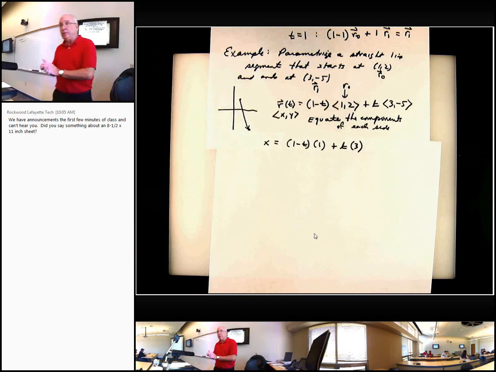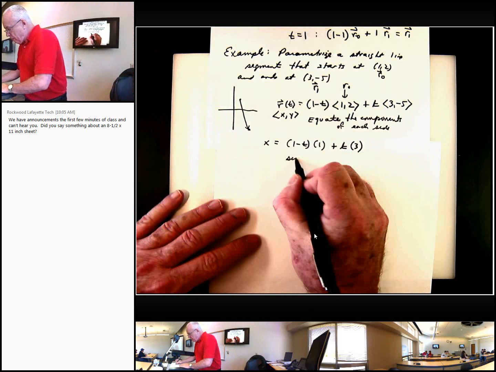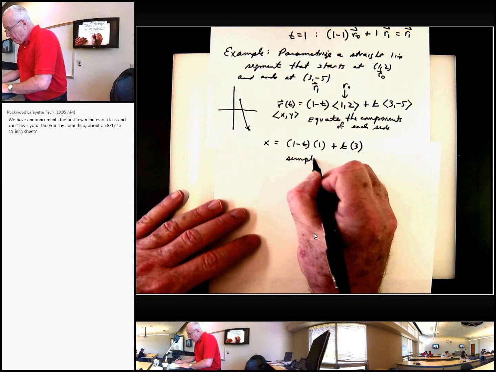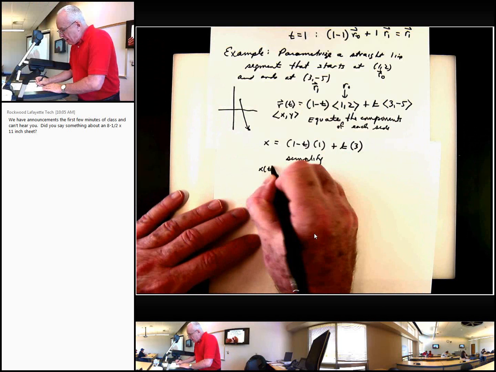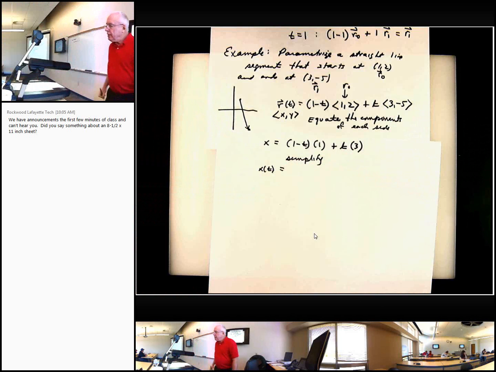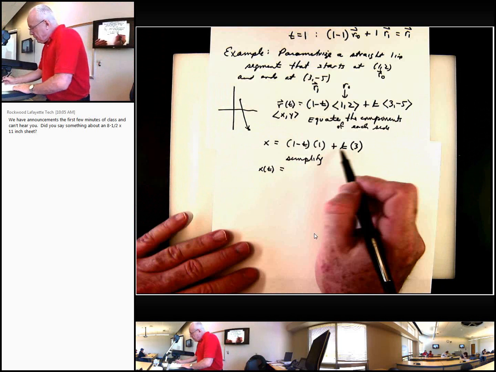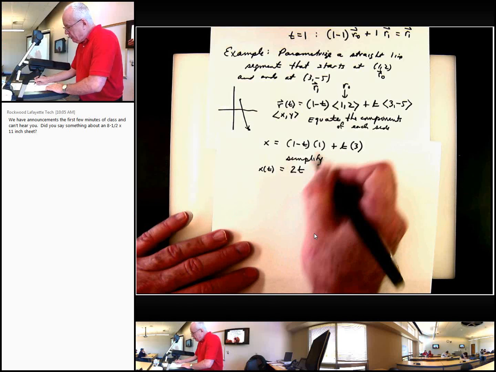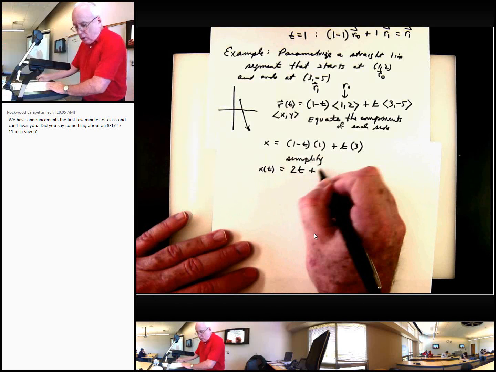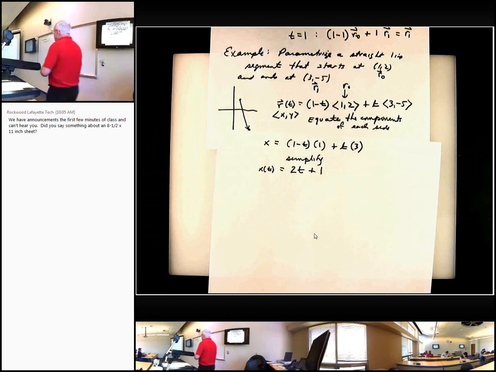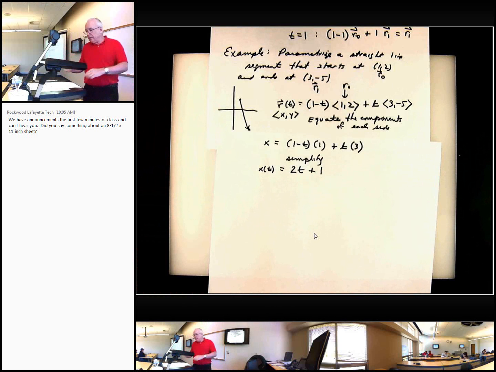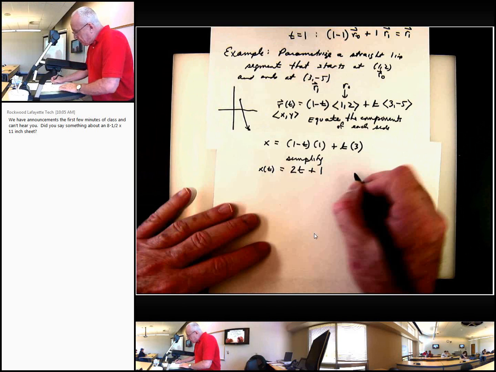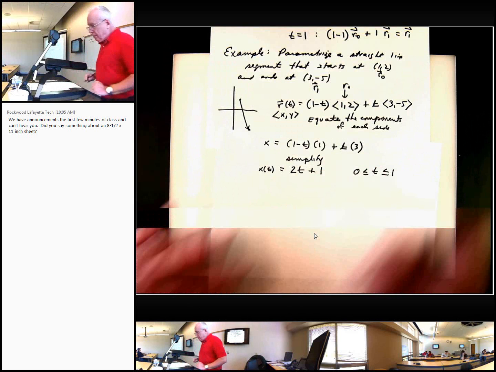And then I simplify. So let me write this as x of t is going to be what? 3t minus 1t, so that's 2t, 1 times 1 is 1. So I parameterize x of t is equal to 2t plus 1. And again, this is as t starts at 0 and ends at 1.